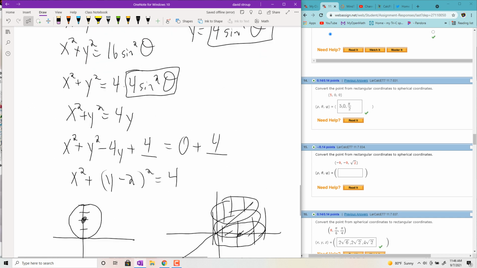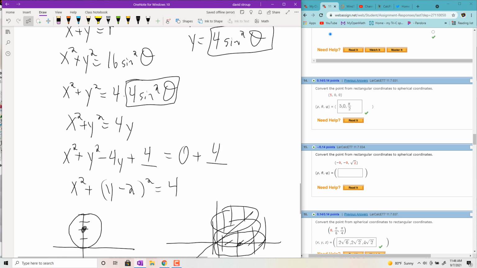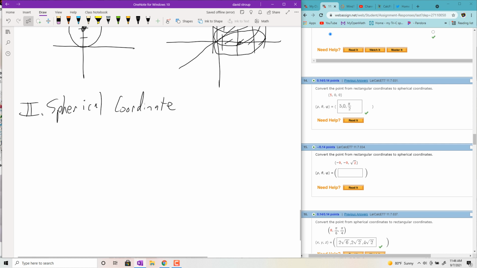The equation for a cylinder is pretty simple, and the equation for a sphere in spherical coordinates is pretty simple. There are some restrictions on our variables that I should note. Rho is greater than or equal to 0, and r is greater than or equal to 0. That's my Greek letter phi, this is my Greek letter rho, and then r.